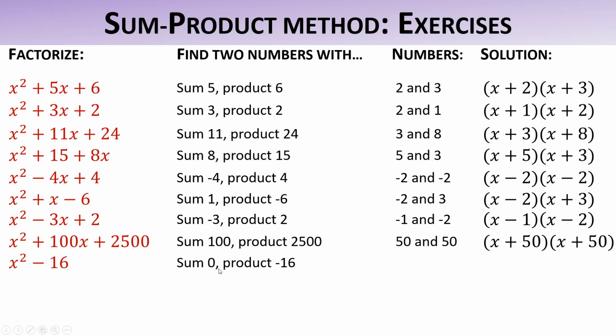So I'm going to look for two numbers that multiplied are minus 16, but their sum is 0. So that's a positive and a negative number, and they have to be equally big except for the sign, because then their sum is 0. So what works is the square root of 16, which is 4, and then negative 4. So minus 4 and 4, and then the result is x minus 4 times x plus 4.